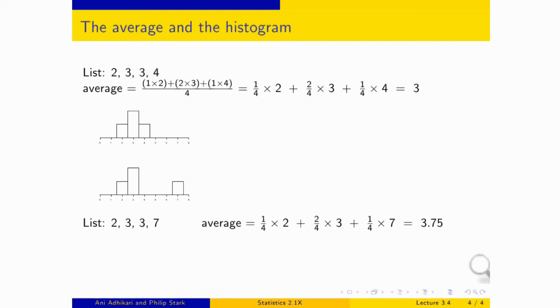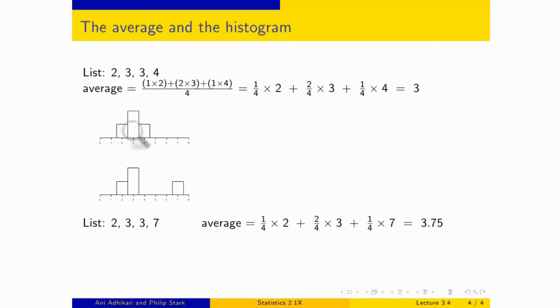But it turns out that the average is the balance point of the histogram. And to imagine that, you have to imagine the histogram made out of cardboard, supported on a wire, and you are going to run your pencil along the base of the figure until you get to a point where it balances.